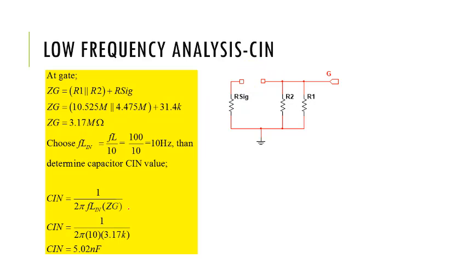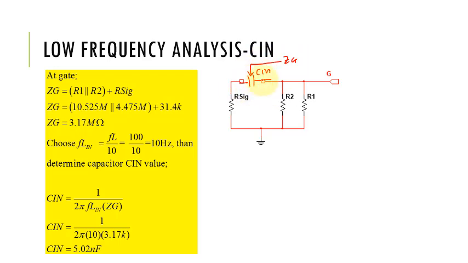For the input impedance at the gate, we just remove our capacitor here. This one is our capacitor C in. So we remove this capacitor and see what the input is. Let's say we name it ZG.